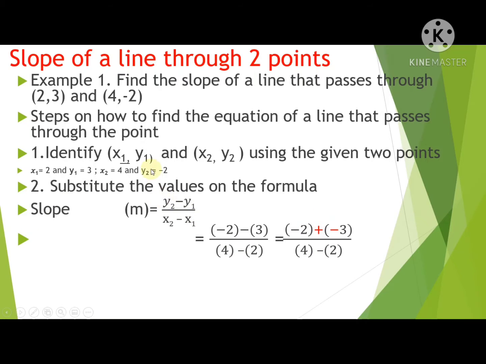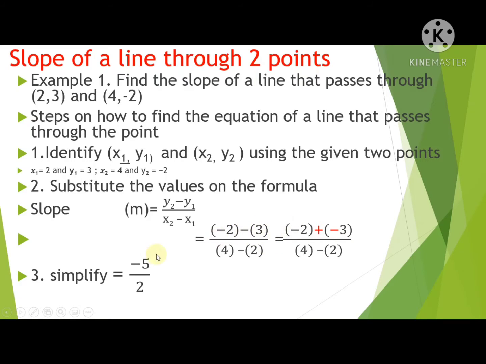So we have y sub 2 is negative 2, y sub 1 is positive 3, x sub 2 is 4, x sub 1 is 2. So applying the rules of integers, negative 2 minus 3, so change the operation, change the subtraction. So therefore, step number 3, simplify.